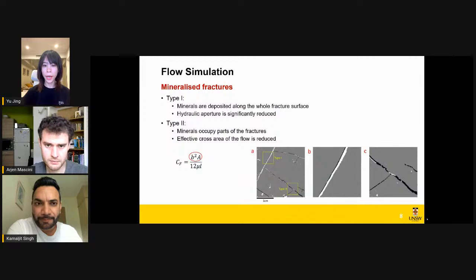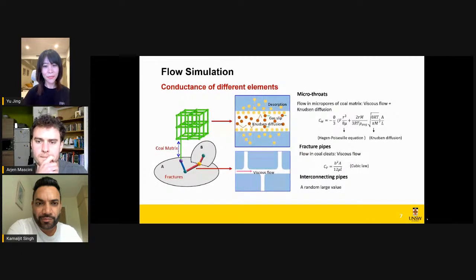For the fracture pipes, I just apply the cubic law. And for the interconnecting pipes, which connect the matrix and the fracture network, because these pipes are only for mass transfer, there is no flow resistance. So I just give a arbitrarily high value for the conductance.